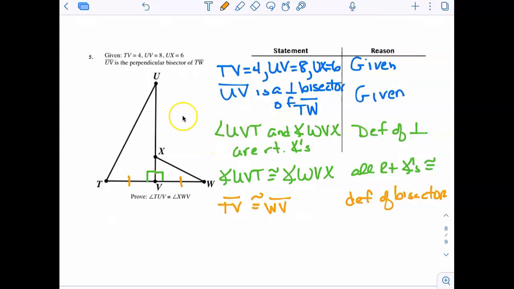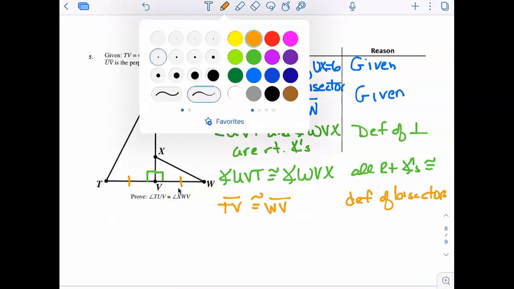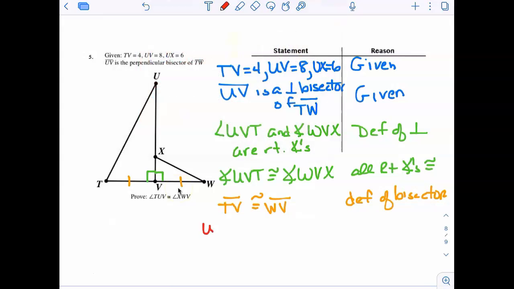If we're looking at our two triangles, UV would correspond with WV. UV is 8.